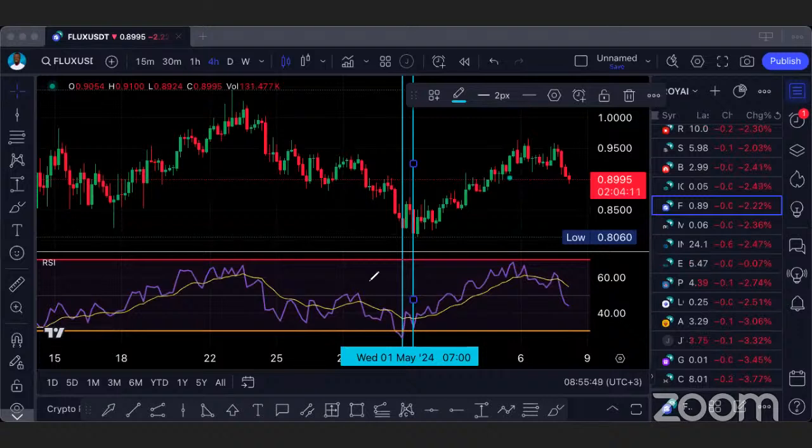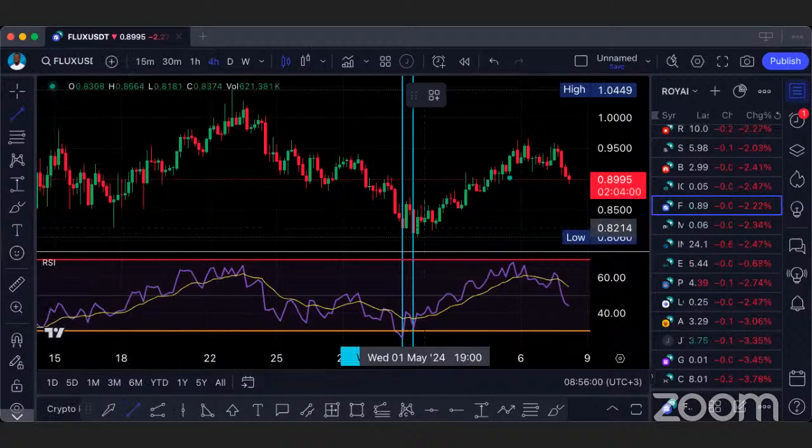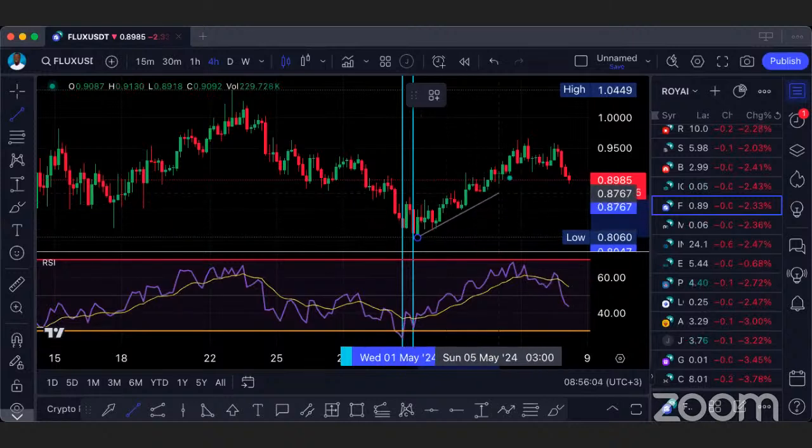Can you see that after the divergence here, the market formed from here? It formed an uptrend.